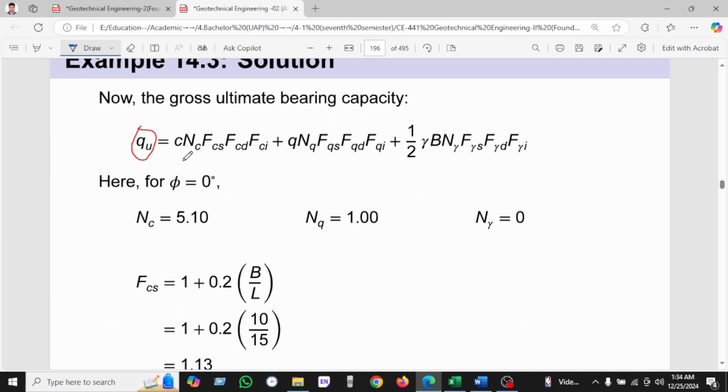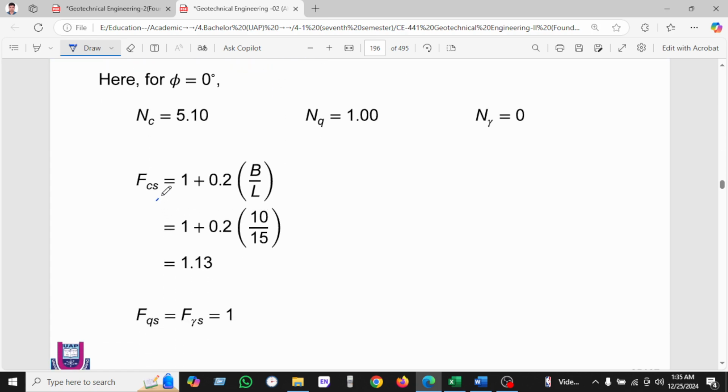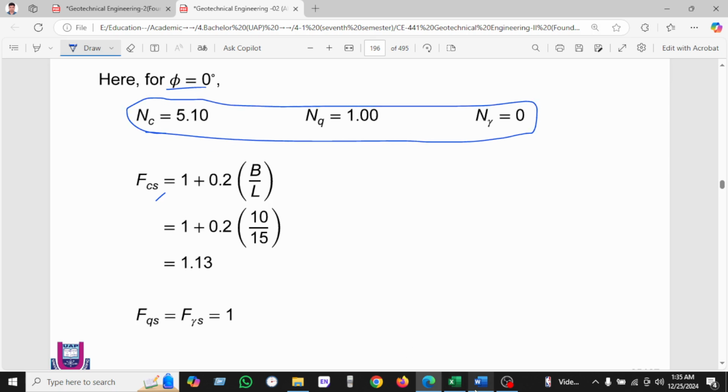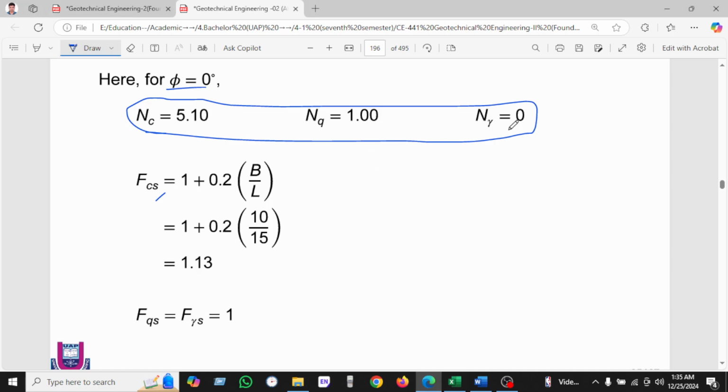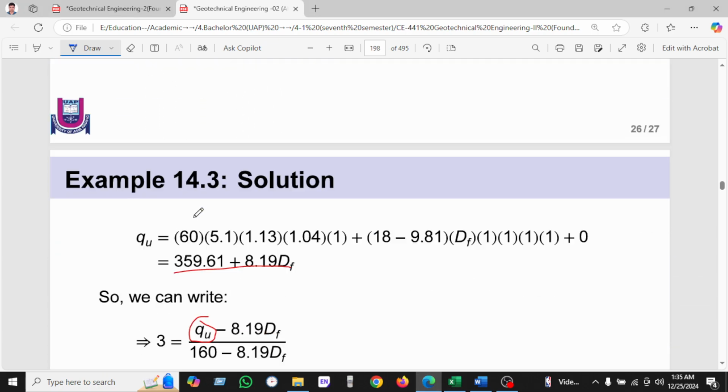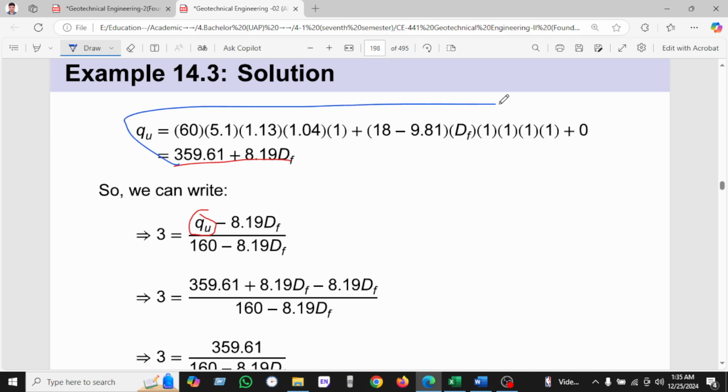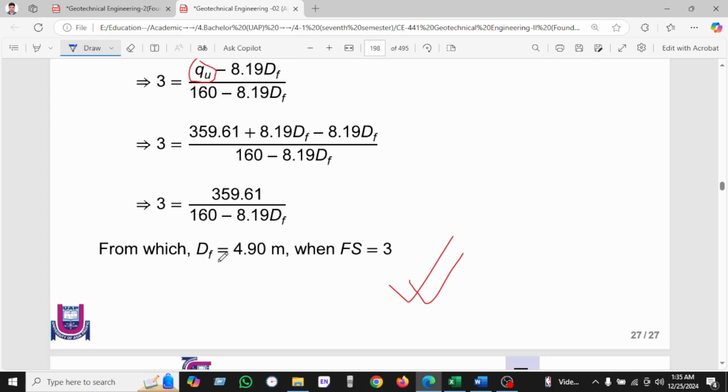So we can see here another equation for ultimate bearing capacity, the Meyerhof equation, but we have to calculate the shape factor, depth factor, and inclination factor. When phi equals 0, we found these values from the Meyerhof chart, 5.14 and 1.00, and found the shape factor also, and we put all these values here, with DF unknown. So DF equals 1 and we found a depth of footing of 4.91, with a factor of safety of 3.